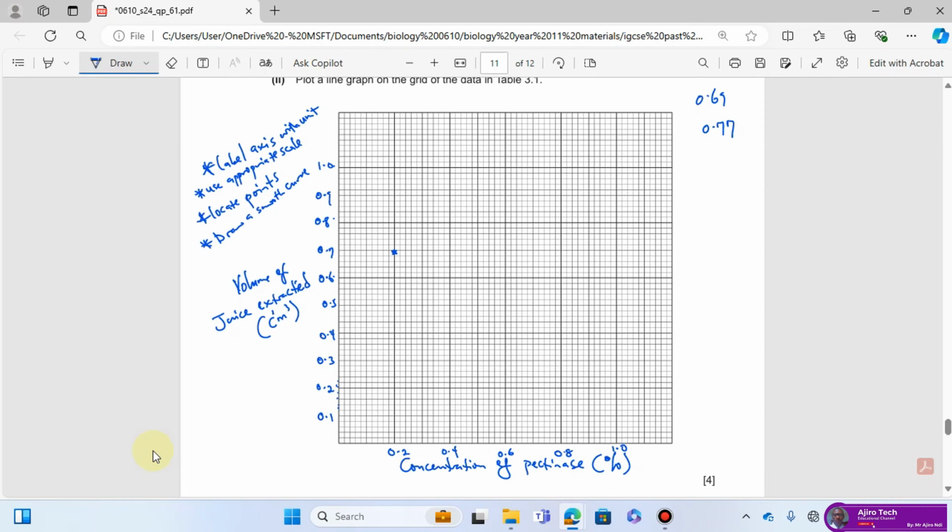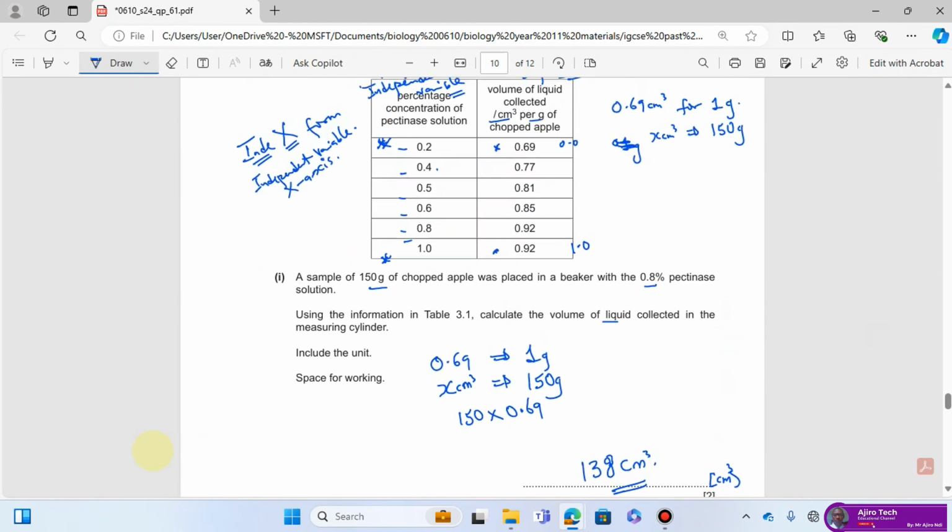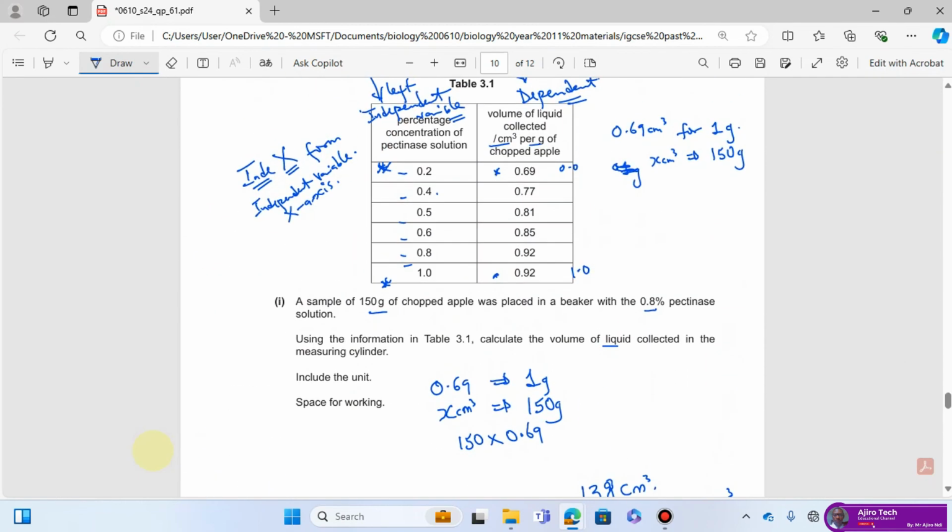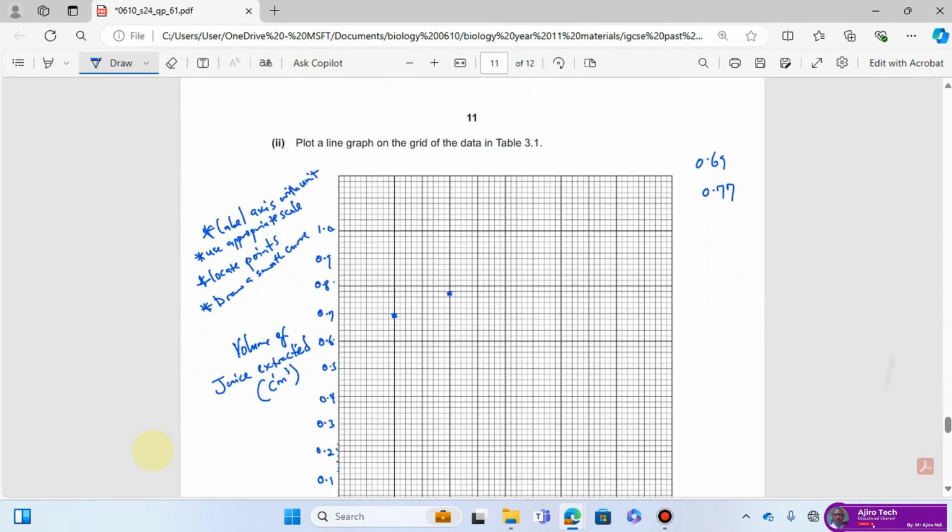And the other one is 0.4. We have 0.77. That's 0.72, 74, 76, 77 is just in between here. Then the other one is at 0.5. At 0.5 we have 0.81, at 0.6 we have 0.85.